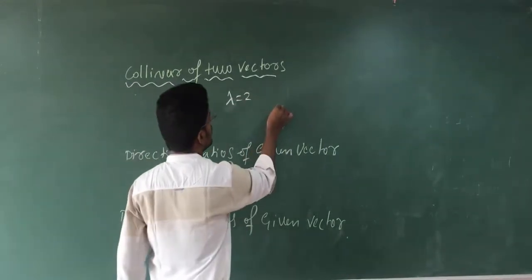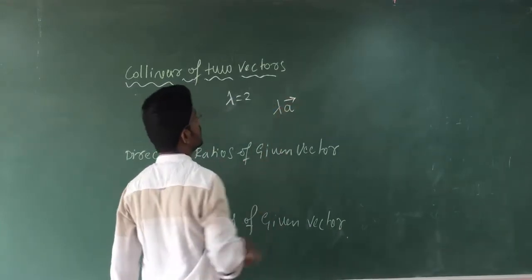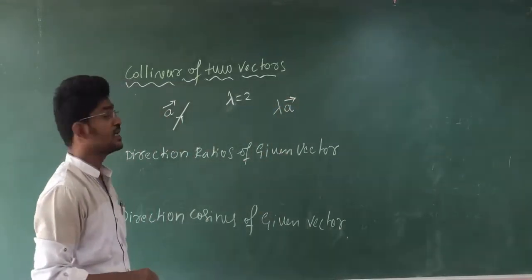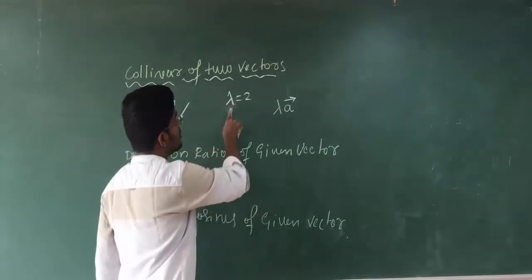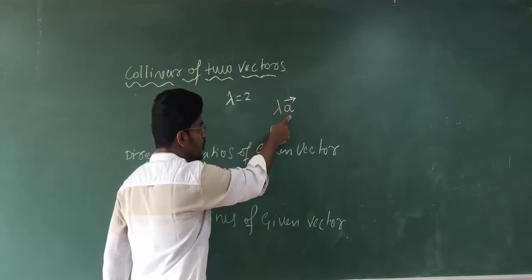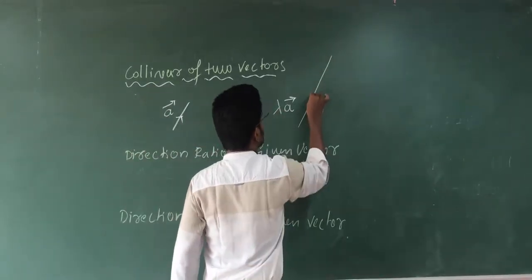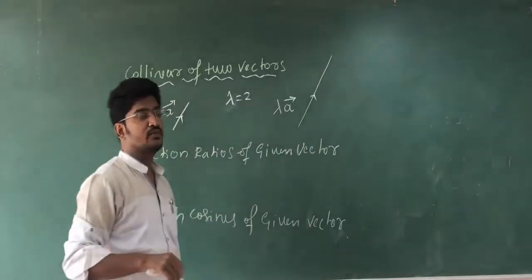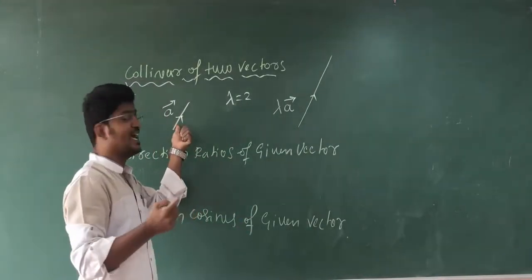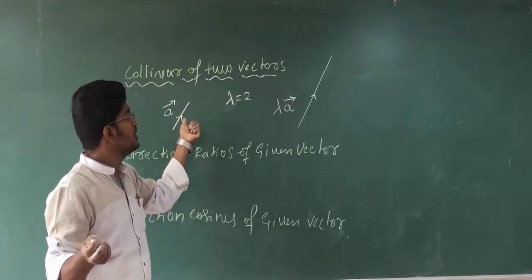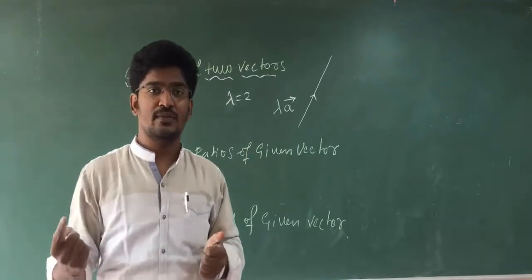Now I will multiply this lambda to vector A. Already vector A has 2 units. If I multiply this lambda 2 for vector A, now what will happen? It will go for 4 units. That means lambda A will be 4 units, because already vector A has 2 units of magnitude. If I multiply with 2, now it will become 4 units vector. Clear?